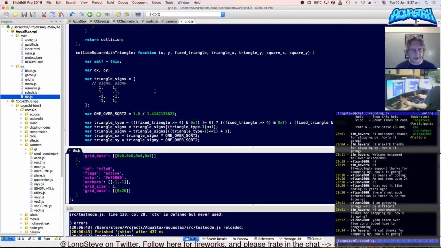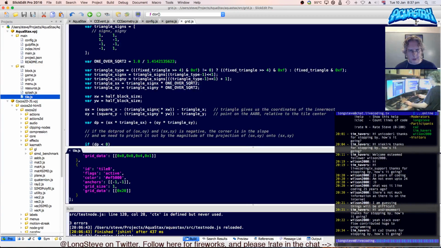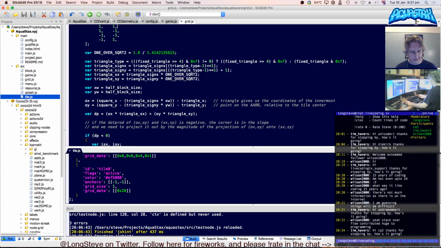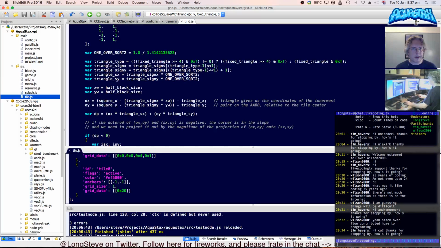Here it is. These sines here end up multiplying the distances, so you end up with whether or not you're in the right quadrant of the triangle to get the right collision out of it. Excellent. So let's try 1, 2. Let's try 3.